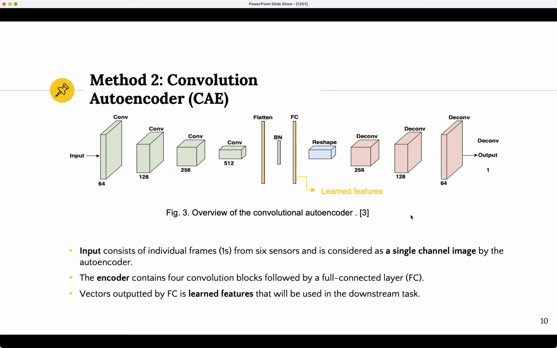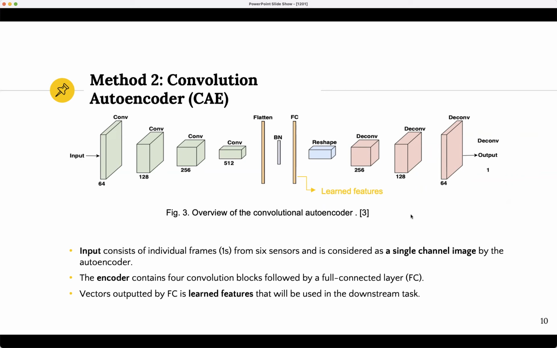For example, if the sampling rate is 5 hertz, you will get 5 samples from each channel or each sensor. Generally, the raw data will have 6 sensor readings, from accelerometer and gyroscope. Each of them has X, Y, Z axes. So this is the input.